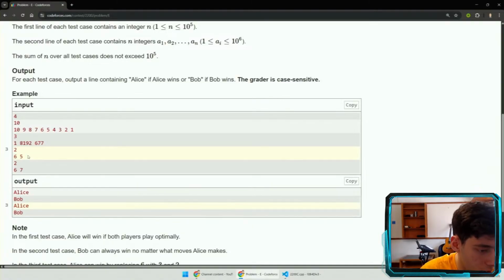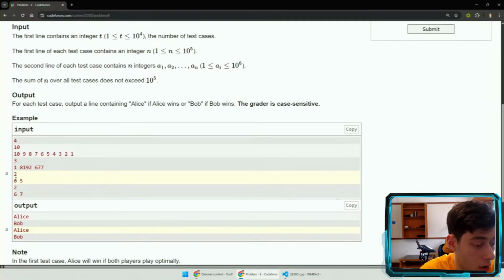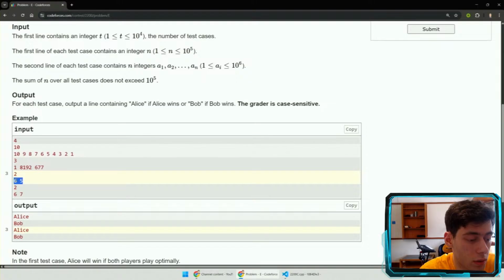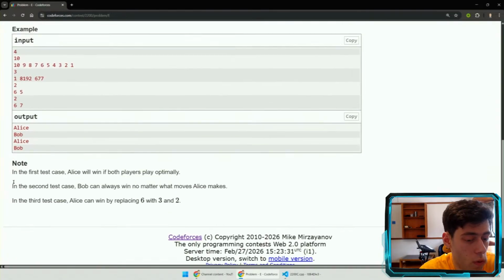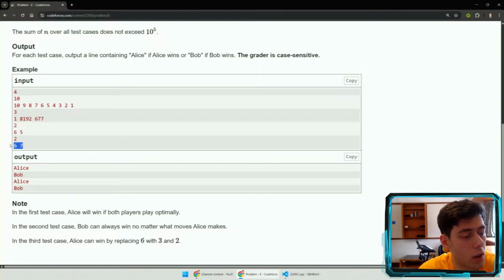No, Alice just wins here because she's got to choose 2, 3 on 6. And so she'll do 3, 2. But why is this Bob? Oh, this is already non-decreasing. Okay, fine.